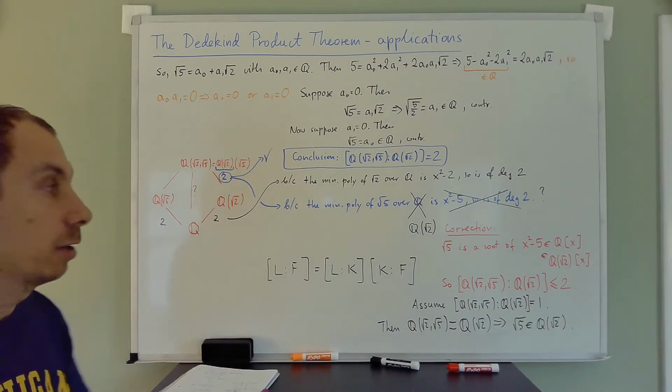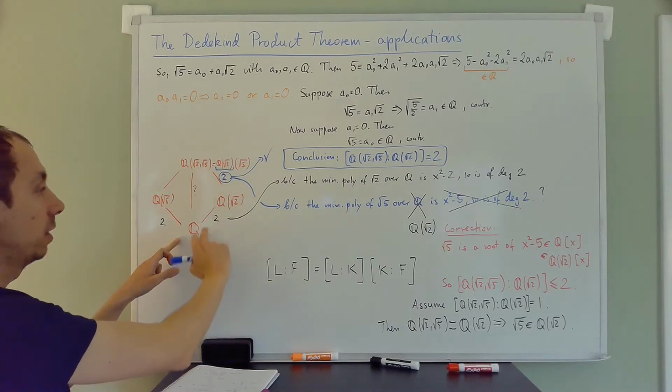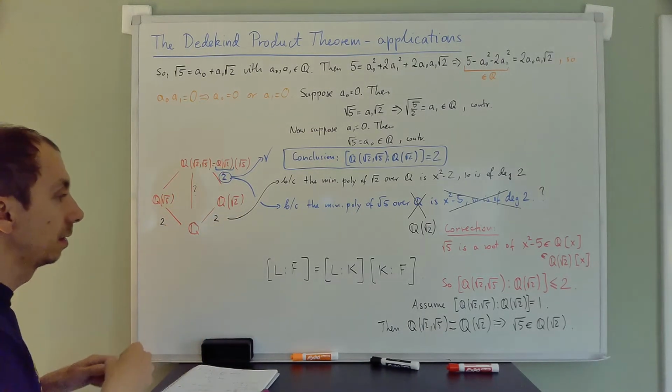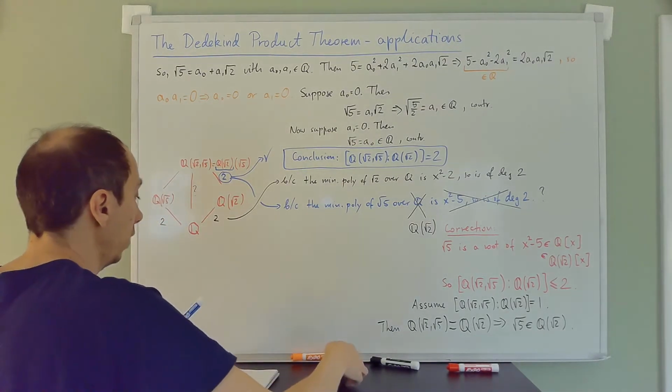So the Dedekind product theorem tells me that the degree of this over that is the product of this and that. So I'm going to erase the statement of the Dedekind product theorem.